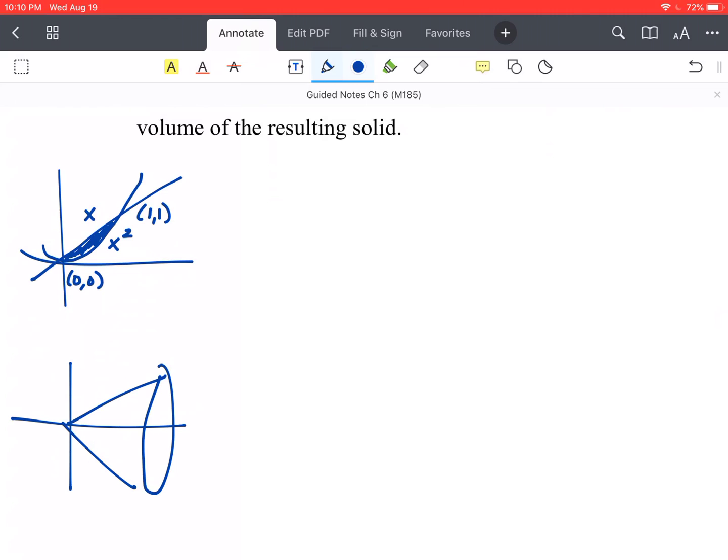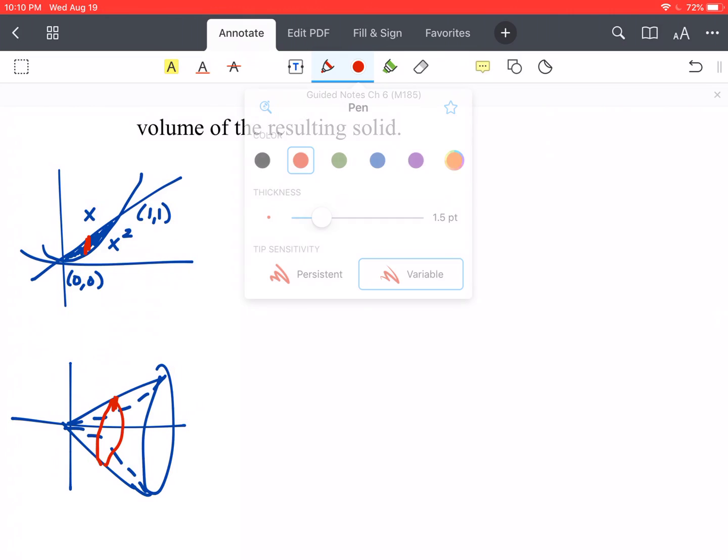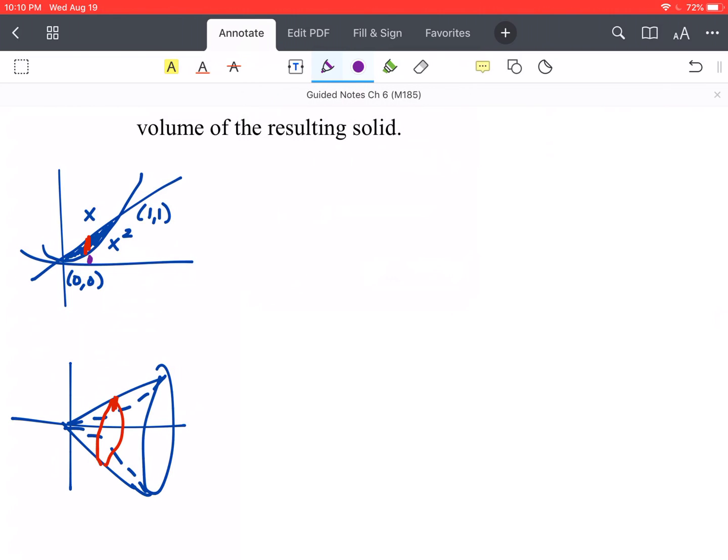So it's going to give us something of a cone, and you can just picture that parabolic function inside there. So if we were going to take a rectangular approximation there, that would get rotated around. But because you notice there's a little bit of a gap down here, right?